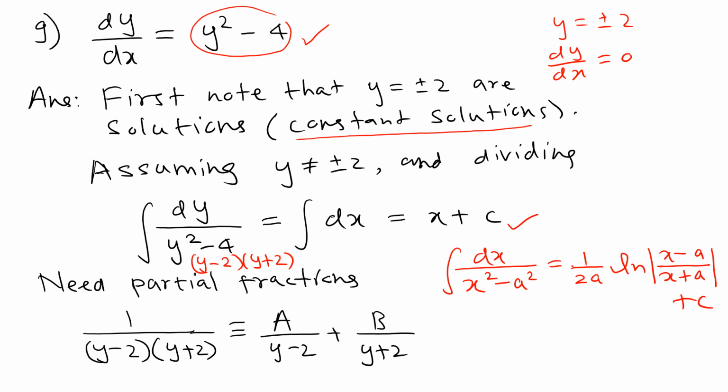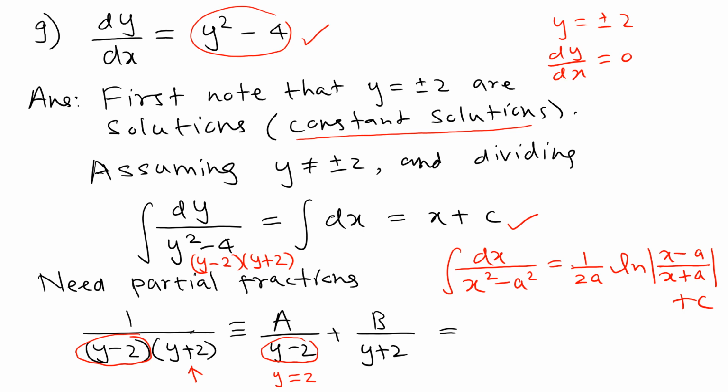If you remember, there's a shortcut again, called the cover-up method. The cover-up method gives you these values really quickly. We cover up this factor in the original expression and plug in the zero of that factor. In this case, the zero is y = 2. If you plug in y = 2 here, you get 4, which means a is 1/4.